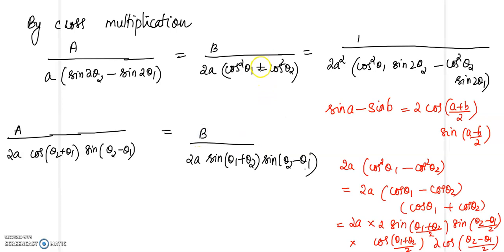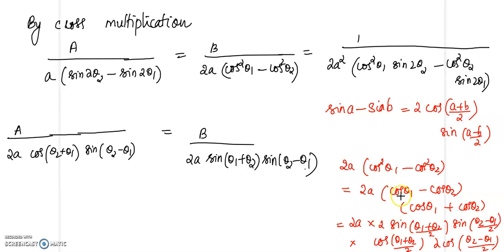And let's look into the simplification of the second term. So the second term you have 2a (cos square theta 1 minus cos square theta 2). And this can be written as 2a (cos theta 1 minus cos theta 2) into (cos theta 1 plus cos theta 2).